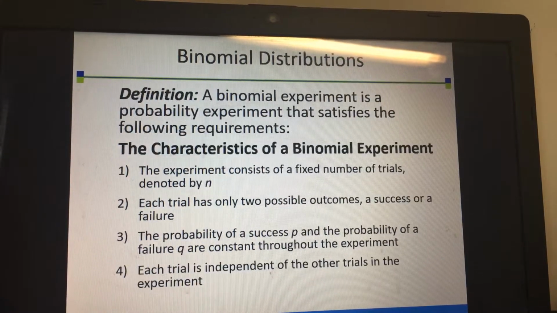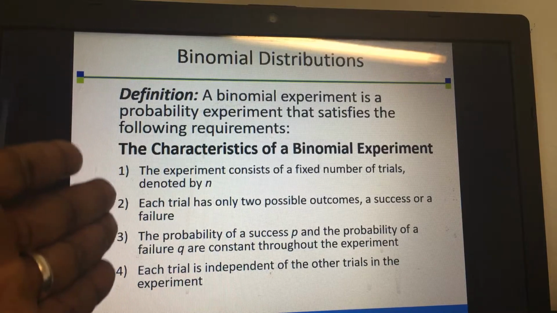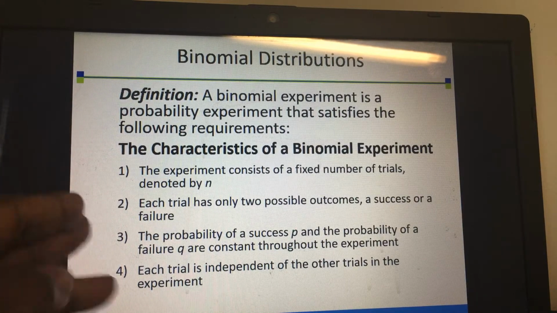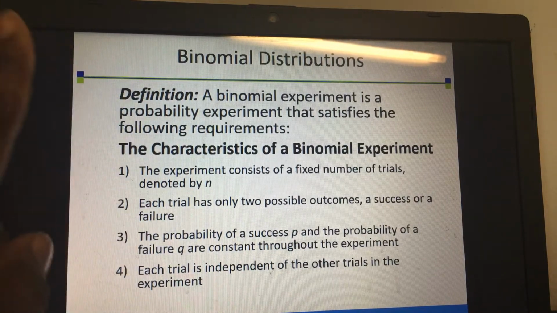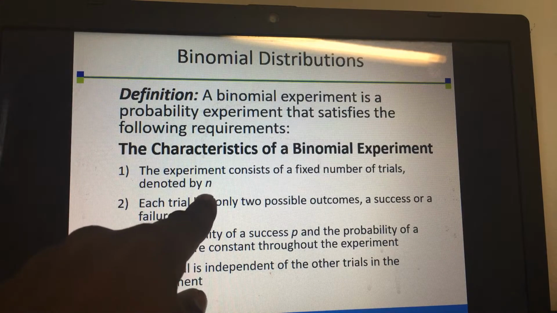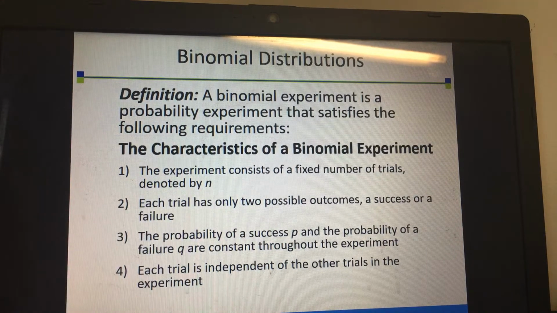So the definition is here: a binomial experiment is a probability experiment that satisfies these requirements. There has to be a fixed number of trials, which we represent with n. Each trial has only 2 outcomes, which I explained in my previous slide.